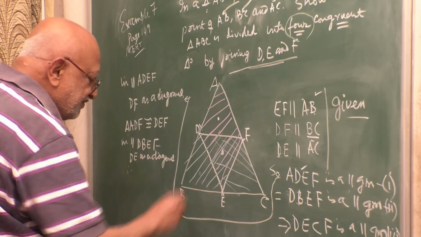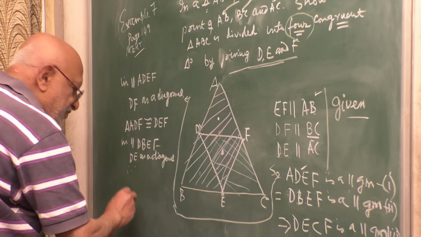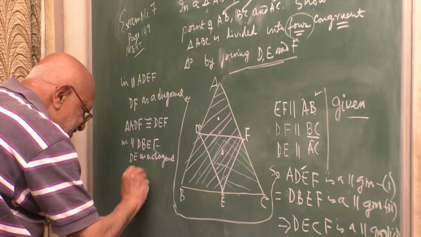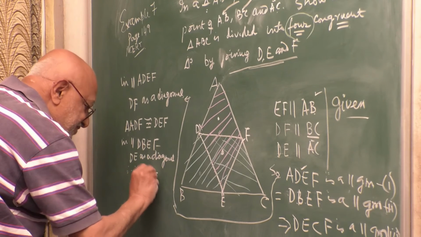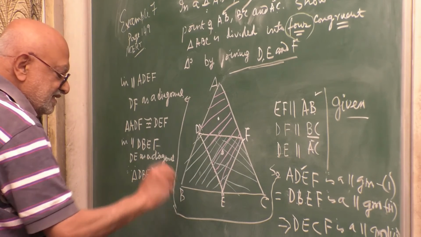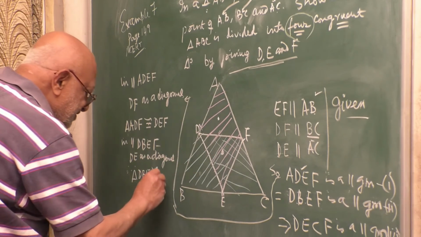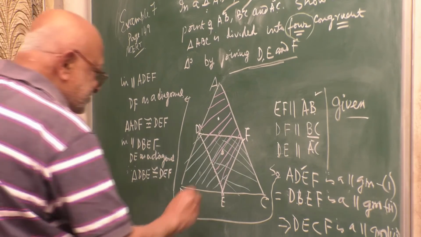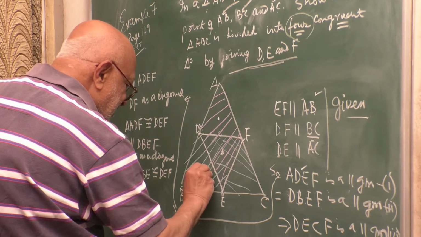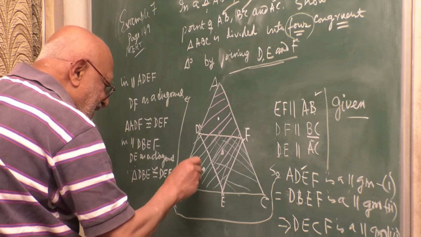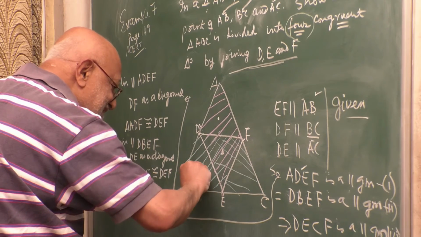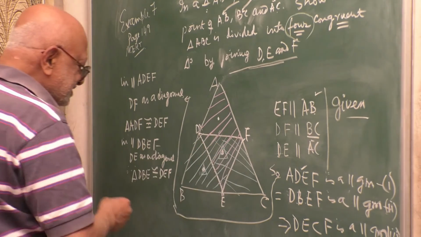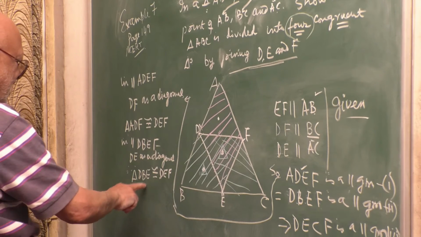Therefore, if you have DE as a diagonal, triangle DBE is congruent to triangle DEF. So this triangle, I will put a mark now so that you can understand. So these two triangles are congruent.